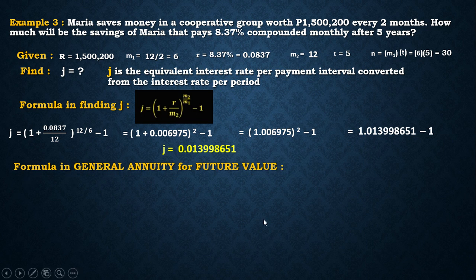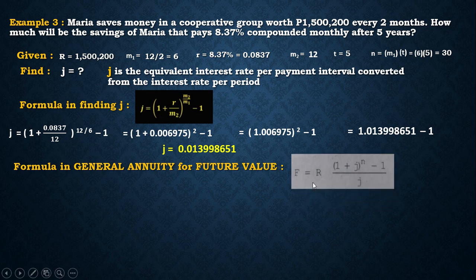But we have the formula. F is equal to R times the quantity of 1 plus J raised to N minus 1 divided by J. So, i-substitute natin ang mga letters sa formula. And we have, yung regular payment, we have 1,500,200. Ito po siya. And then, sinubstitute natin yung J. Ito po siya, 0.01399861.